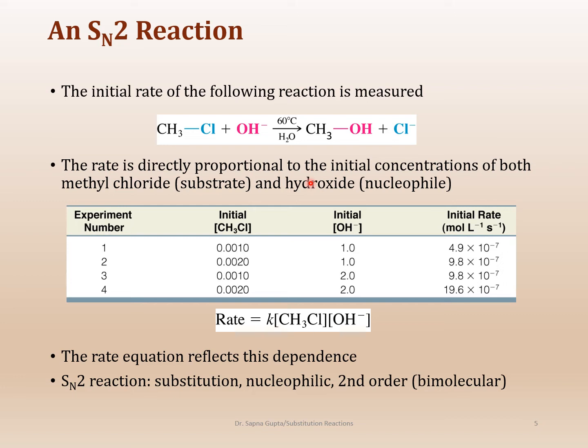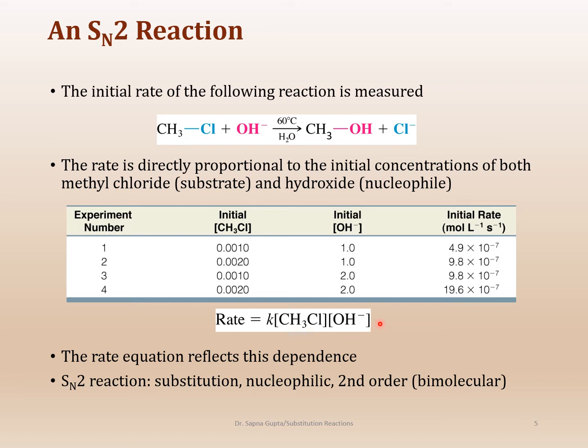Which means that if you're changing the concentration of the substrate or of the nucleophile, the rate is doubling. It is changing. Because it is doubling, it means that it is first order with respect to the substrate and with respect to the nucleophile. So this is the rate equation at that point. Rate is equal to k, and then it involves the substrate as well as hydroxide.